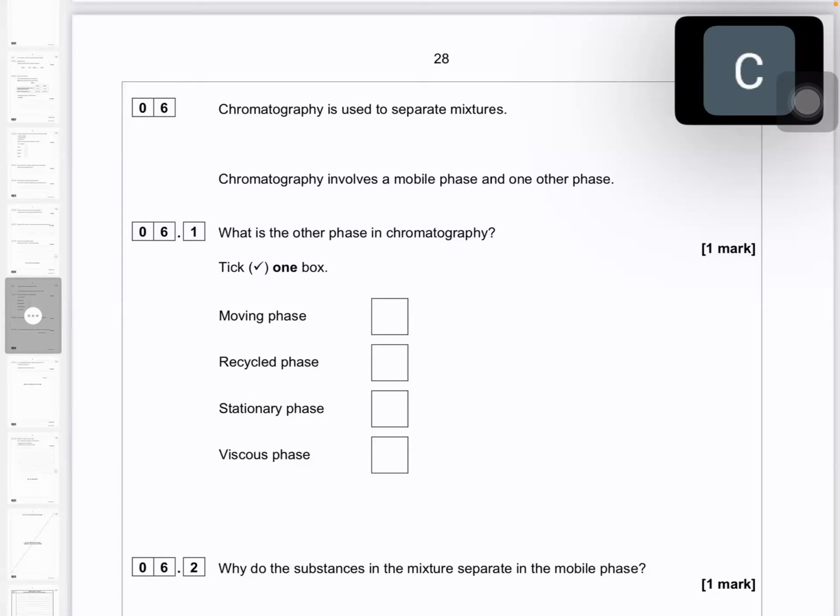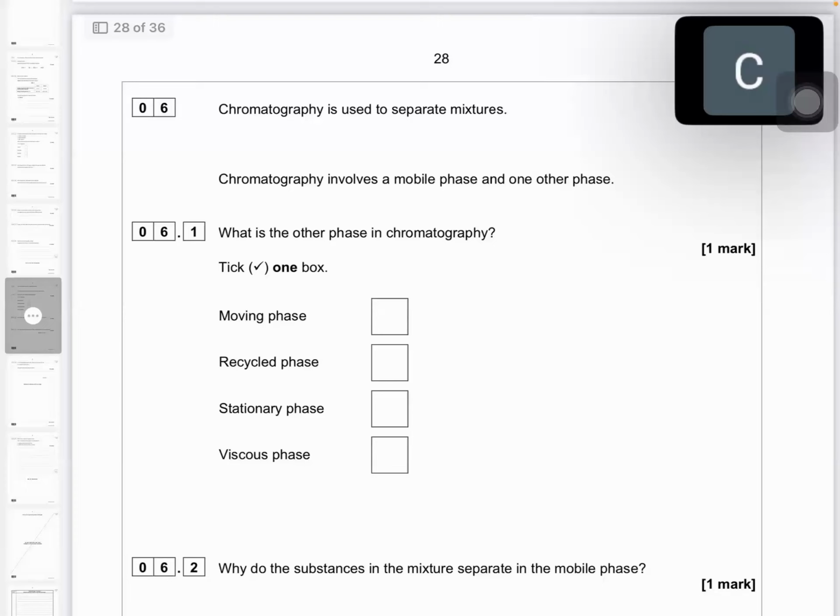But let's see. Moving phase and it can be recycled phase. Doesn't make sense. I would go with stationary because after a while of moving, it has to stop. But yeah, it's stationary. I'll go with that.